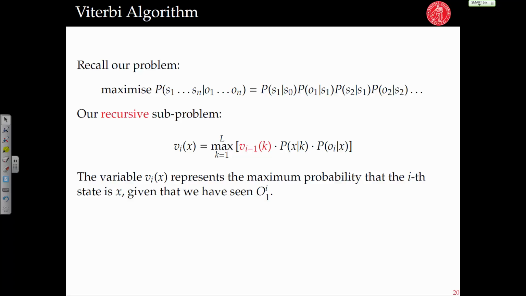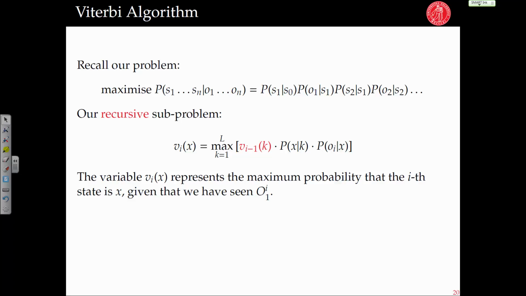So we look up the maximum probability for all states of being at this state at time point i minus 1, times the transition probability from the state k to x, which is the probability of x given k, times the emission probability, which is the probability of the observation i given the current state x that we're looking at here.